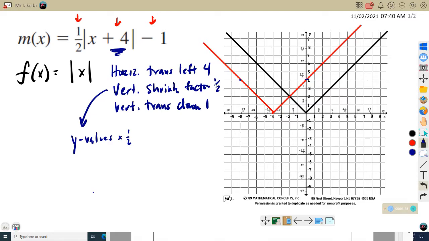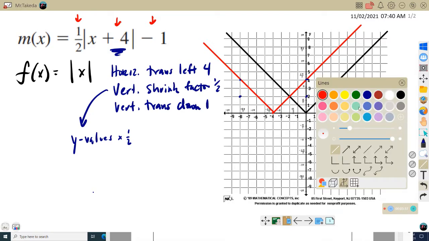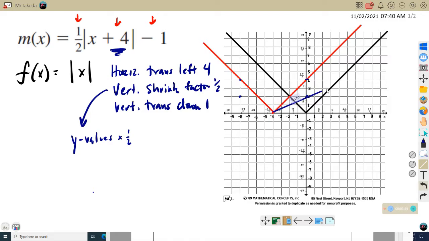Here, y is 4. 4 times 1/2 is 2. So now I've changed the shape of this thing, and it's going to look like this now. So I've shrunk it vertically, so now it's shorter vertically.